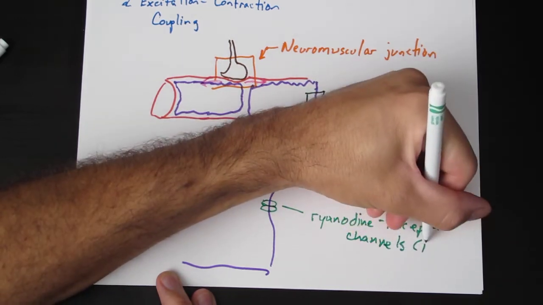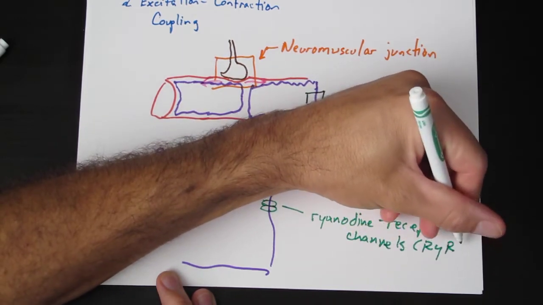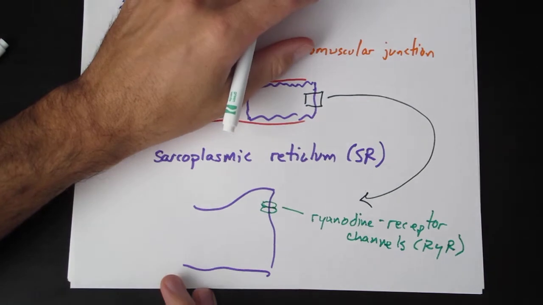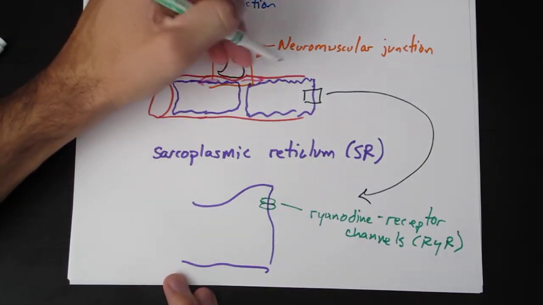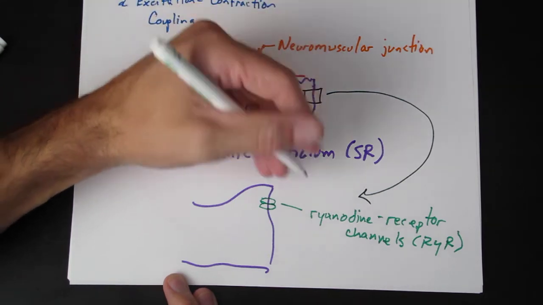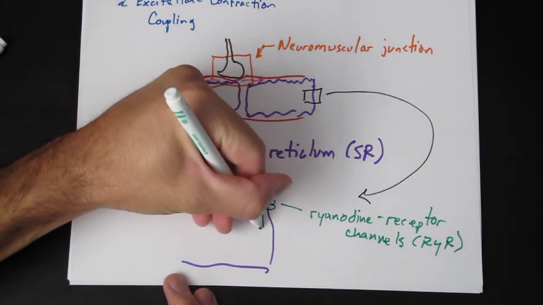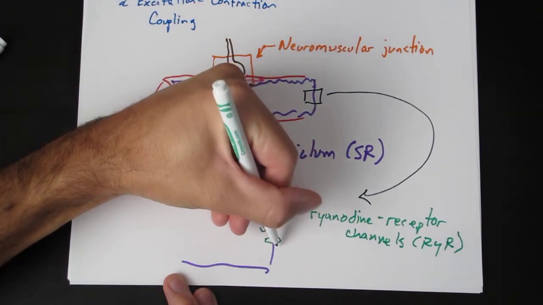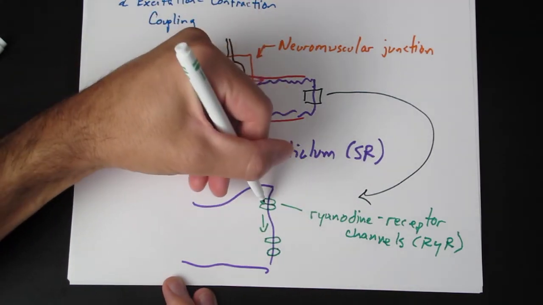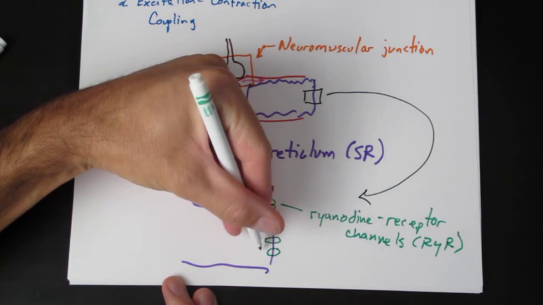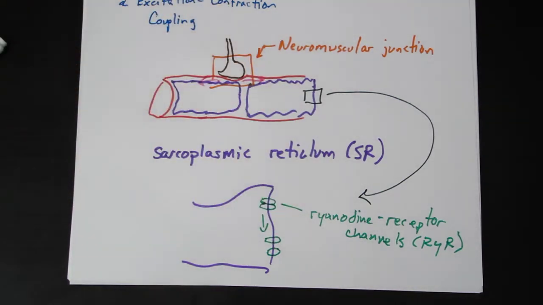These Ryanodine receptor channels are typically abbreviated as RYR channels. Okay, and what happens is when the depolarization spreads to the sarcoplasmic reticulum, it causes those channels to open. So we have a situation that looks something like this. This would be a closed channel. This would be an open channel, right?